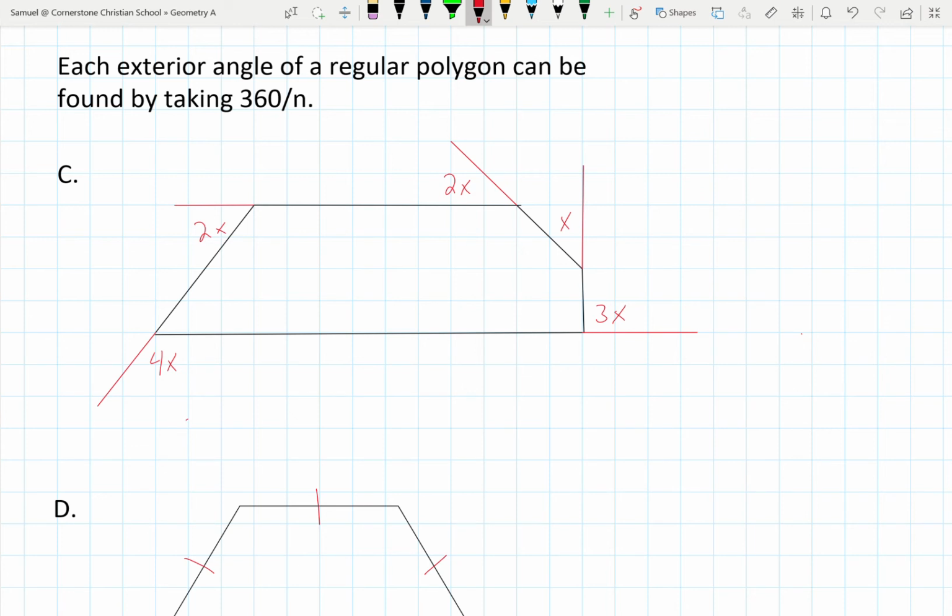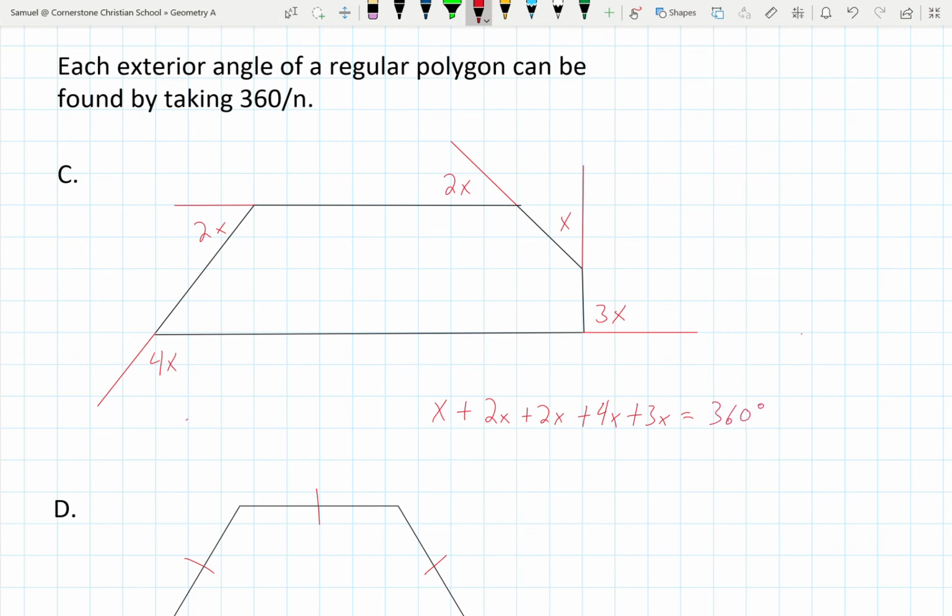Well, I'm not given much information. Again, it doesn't matter how many sides this has, but just to show, 1, 2, 3, 4, 5 sides, so this is a pentagon. But I know that each exterior angle, x plus 2x plus 2x plus 4x plus 3x, all of them have to add up to be 360 degrees.